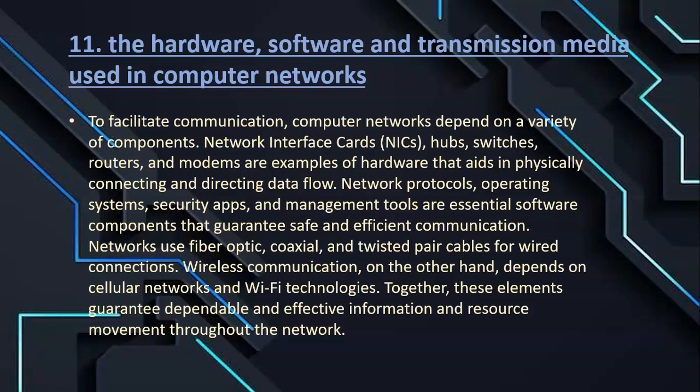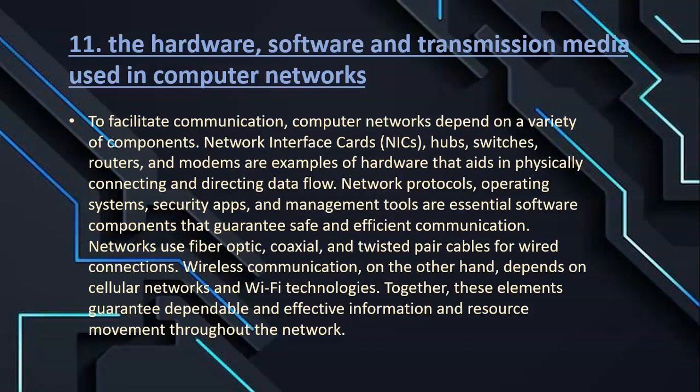To facilitate communication, computer networks depend on a variety of components. Network interface cards (NICs), hubs, switches, routers, and modems are examples of hardware that aids in physically connecting and directing data flow. Network protocols, operating systems, security apps, and management tools are essential software components that guarantee safe, efficient communication.